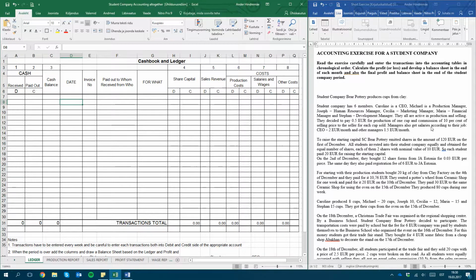Managers also get salaries according to their job. CEO gets €2 per month, and other managers €1.5 per month. This is not connected to sales or production, it is their base salary.